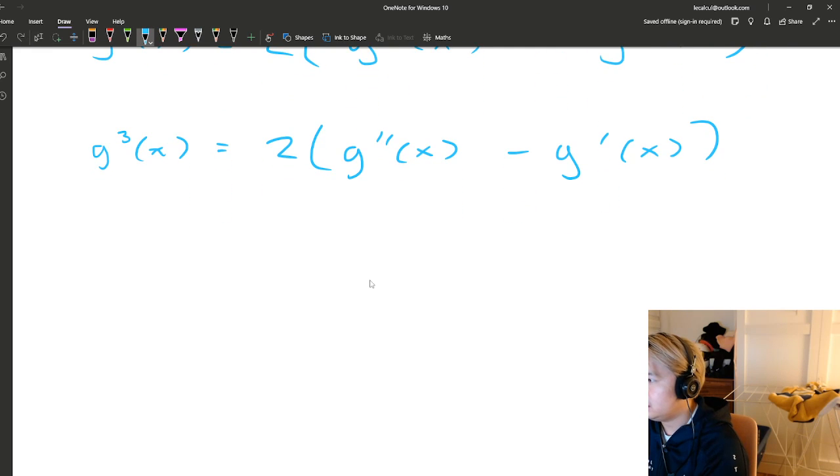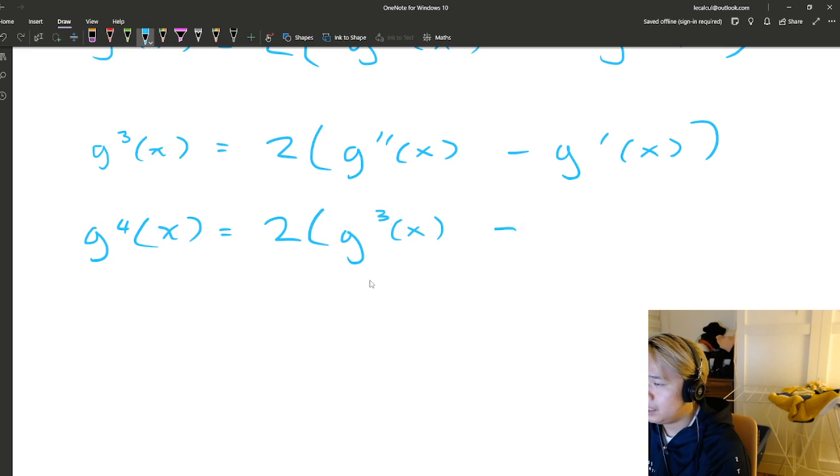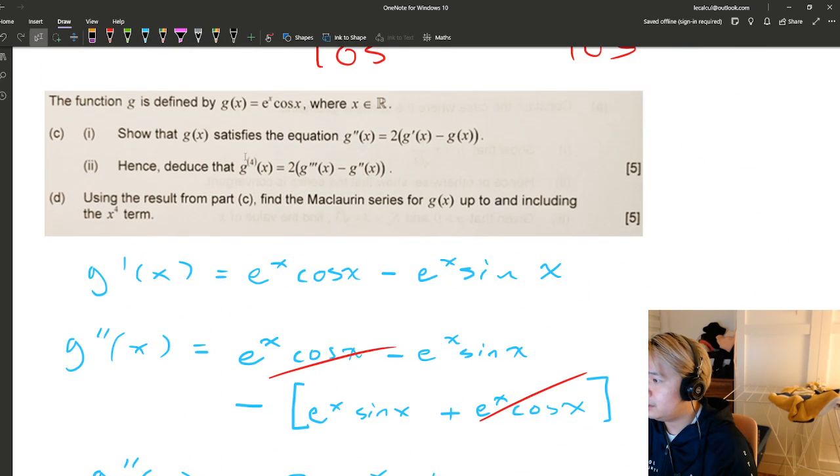And then I'm going to find the fourth derivative. This is basically 2 times the third derivative minus the second derivative. And then I'm going to make a substitution for the third derivative because my question only has the fourth derivative.